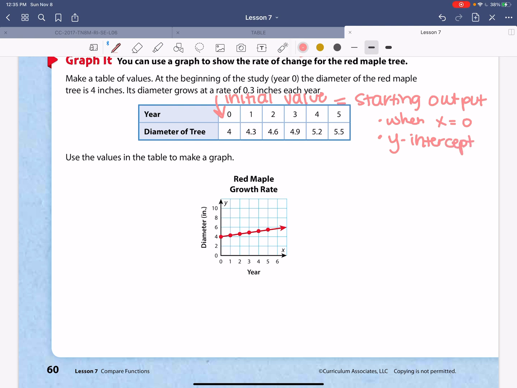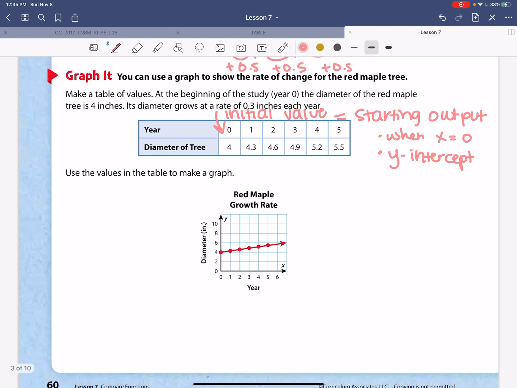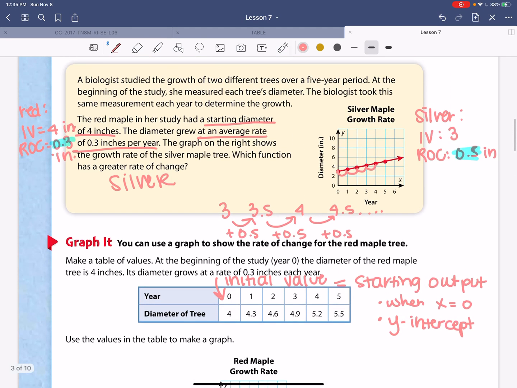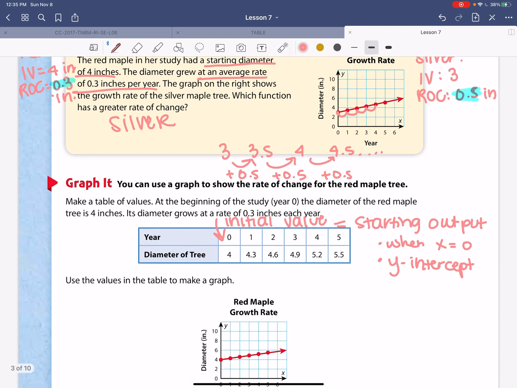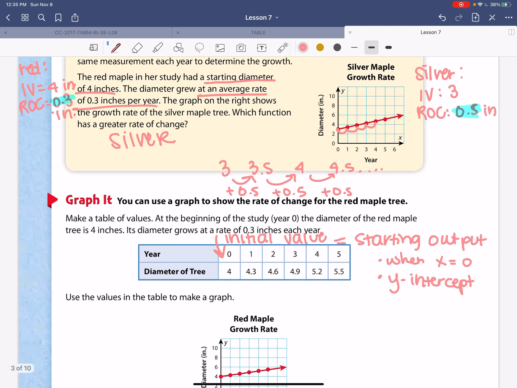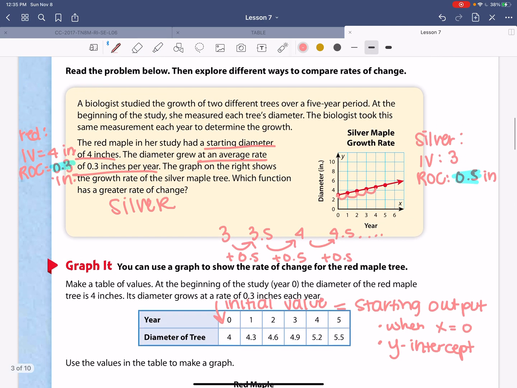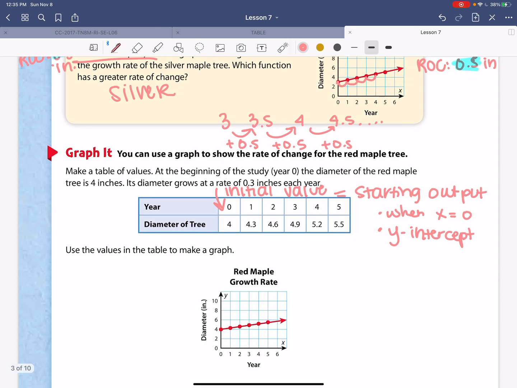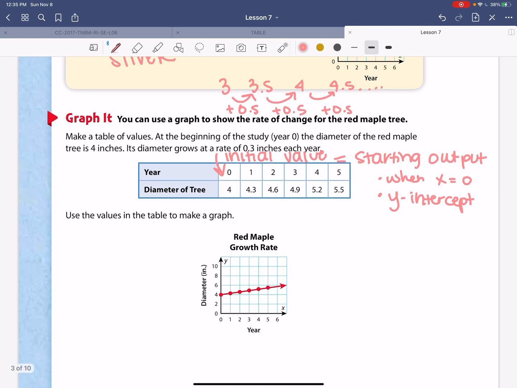So use the values in the table to make your graph. So then they've just plotted it. It's super easy, which now looks very similar to the silver maple growth rate. But if you notice the silver maple's growth rate, it has a line that's a little bit steeper, so the incline is a little bit sharper than the red maple growth rate.